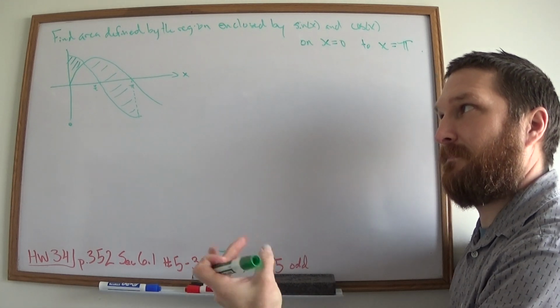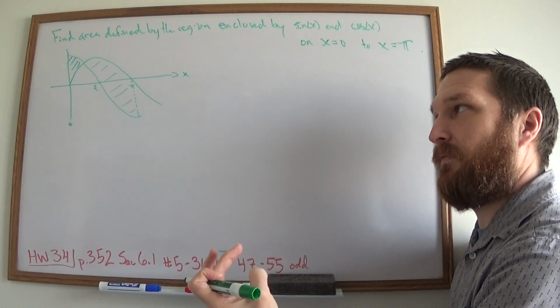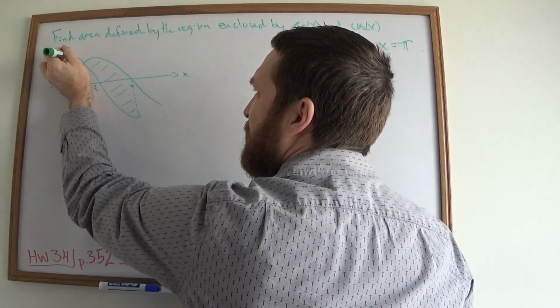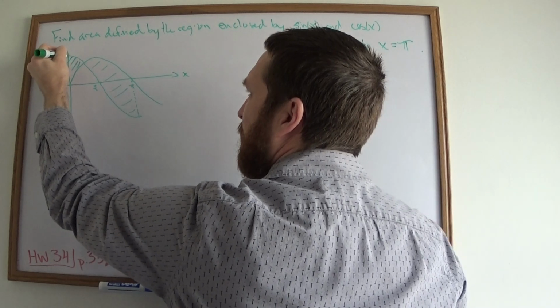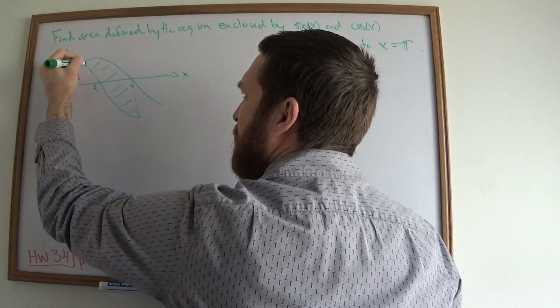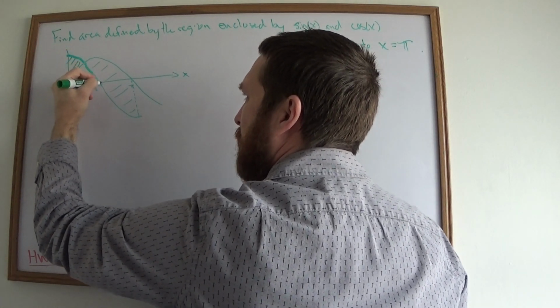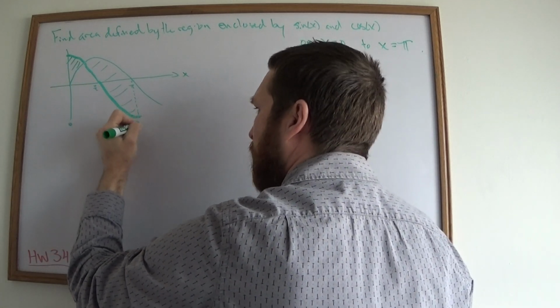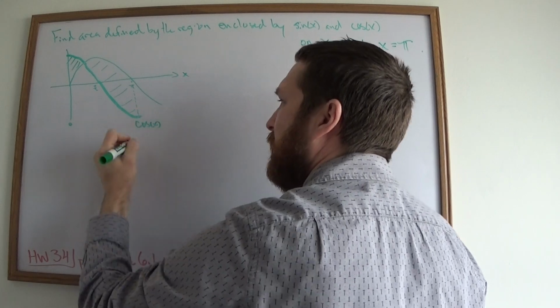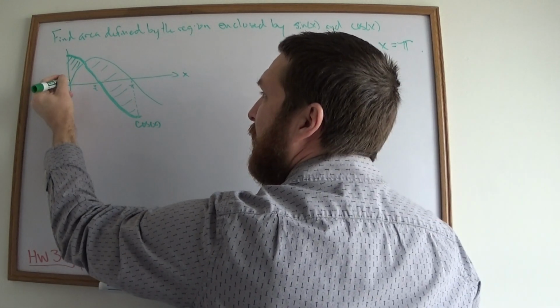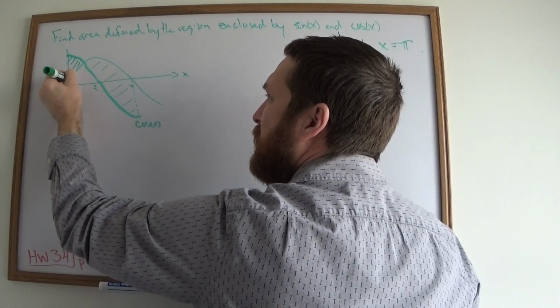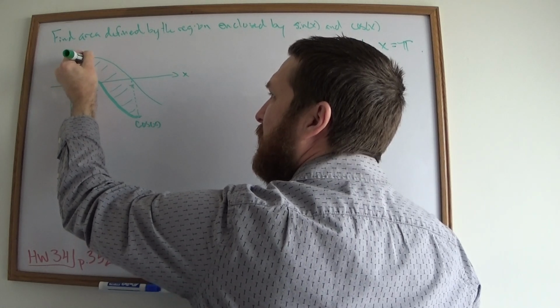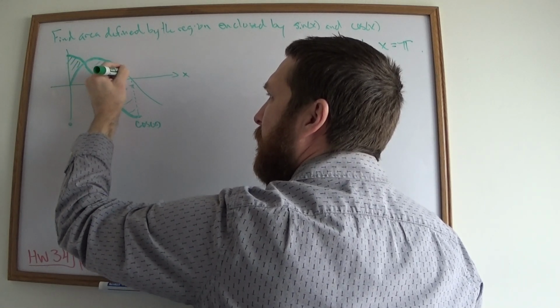Now you'll notice that one of these functions is bigger than the other, but then it switches, doesn't it? It starts off with cosine as the bigger function, but then it gets smaller, and sine starts off smaller, then gets bigger.